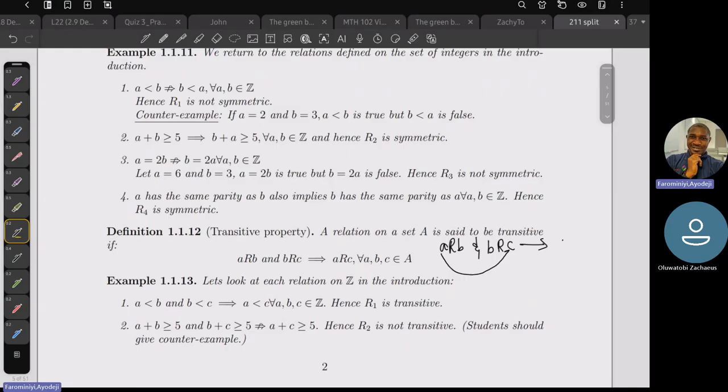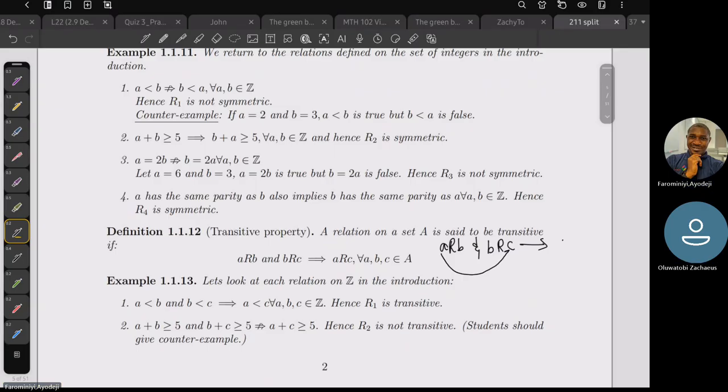Are you a brother to yourself? Oh no, sir. It is not reflexive. You are not a sibling to yourself. You are yourself. Well, that is up for debate anyway, but in normal terms, I don't think it is reflexive, but it is symmetric.